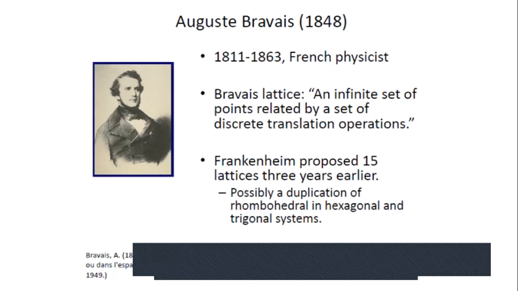So this is kind of the beginning of the types of Bravais lattices we could have. So first 15 were proposed, and then Bravais came and said, if we have an infinite set of points, they can be related by discrete translation operations. So we're talking about translation operations, not symmetry.